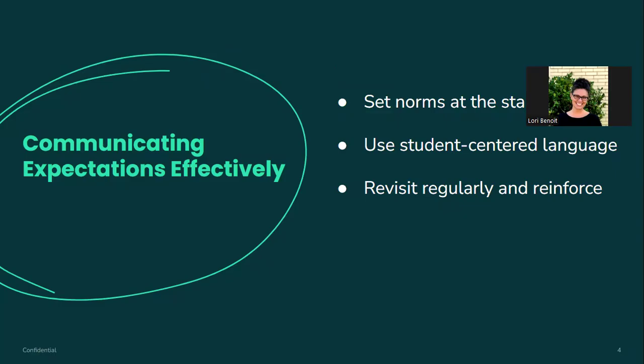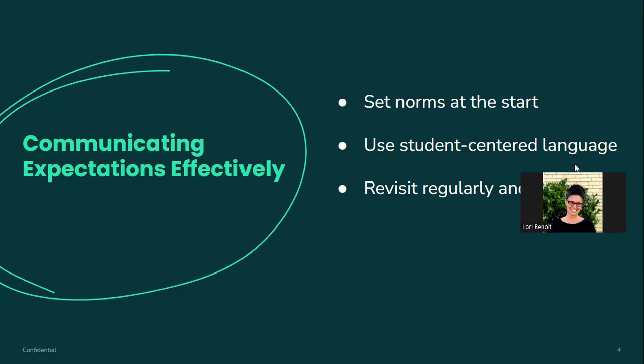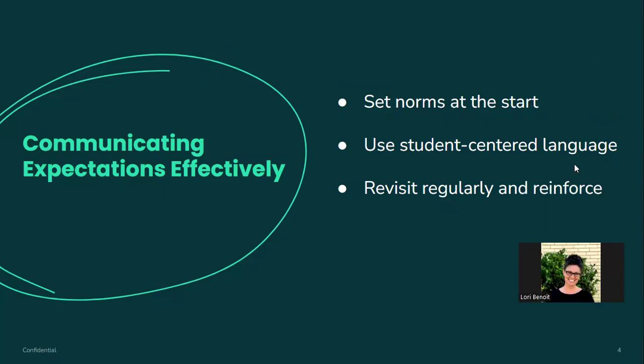It's essential to start the year with clear guidelines, but they shouldn't just come from you. Involve students when possible and speak in ways that highlight what they can do, not just what they can't. Reinforcement isn't a one-time event. It must be consistent, visible, and positive.